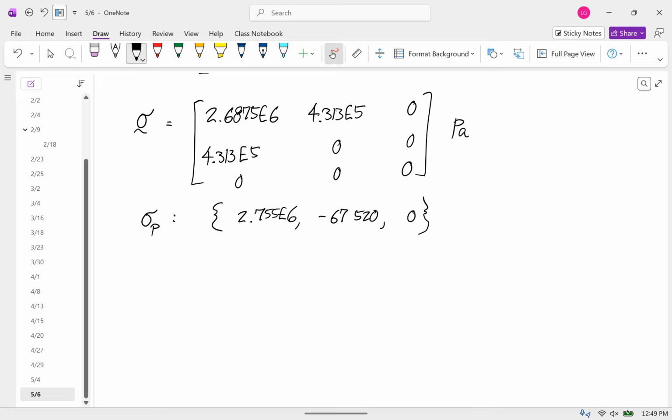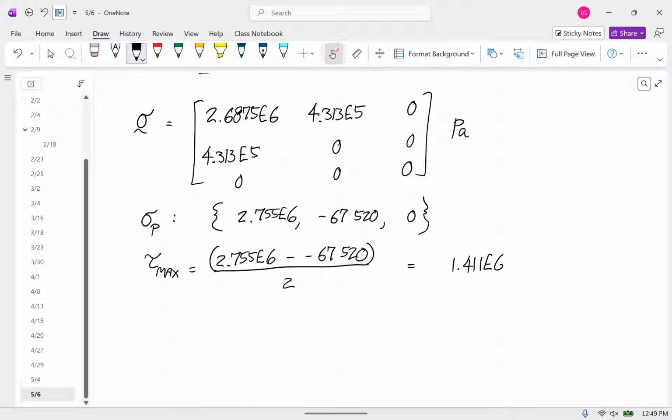And then my maximum shear stress is the maximum principal stress minus the minimum principal stress, divided by 2. That's 1.411 times 10 to the 6 pascals.